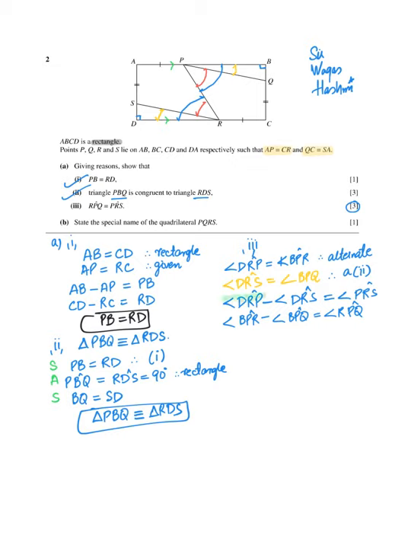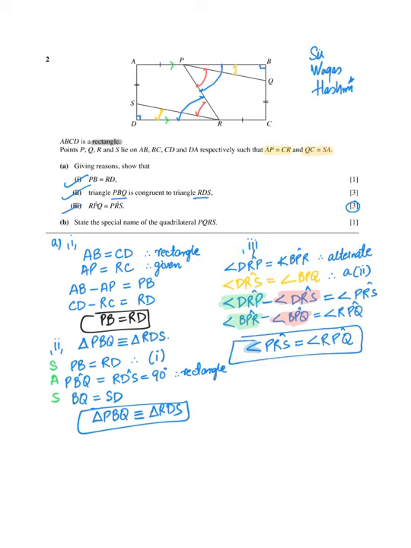Which two angles? Angle DRP and angle BPR are the same, right? And angle DRS and angle BPQ are the same. We had shown it. So now I can say that angle PRS is equal to angle RPQ, and we needed to show this in part 3.